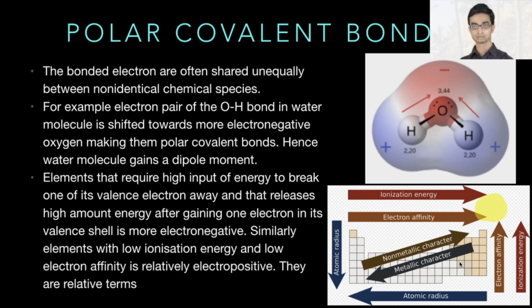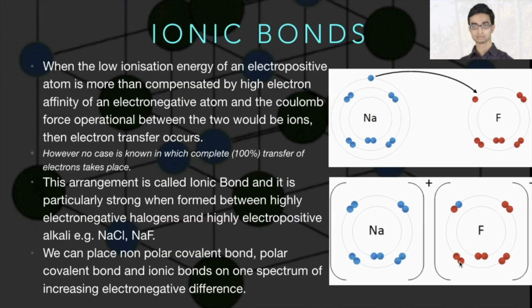Similarly, elements with low ionization energy and low electron affinity are relatively electropositive. When the low ionization energy of an electropositive atom is more than compensated by the high electron affinity of the electronegative atom and the Coulomb force operational between the two would-be ions, then electron transfer occurs.